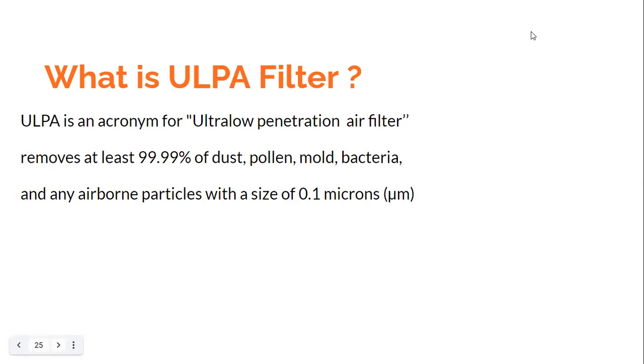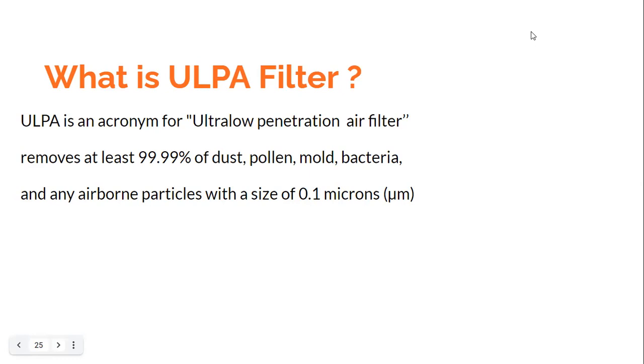Okay, and how fine? They can remove at least 99.9995% to be more precise of the dust, pollen, mold, bacteria, and any airborne particles with the size. And remember this size is much smaller than the size which we talked about for HEPA filters.